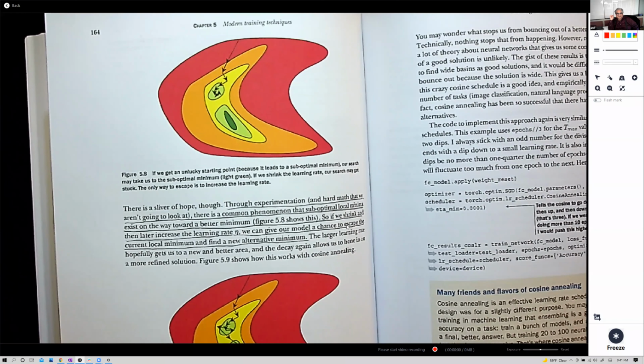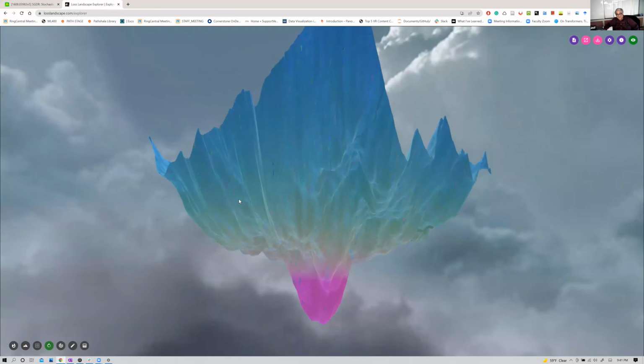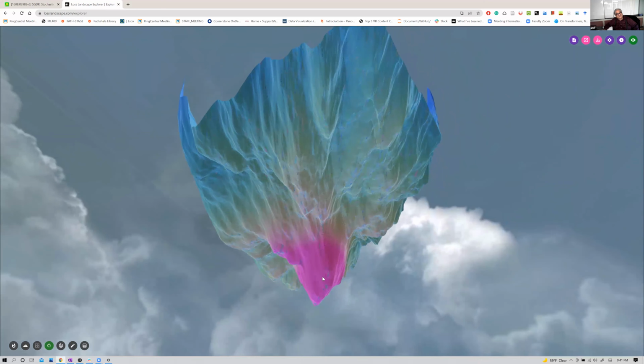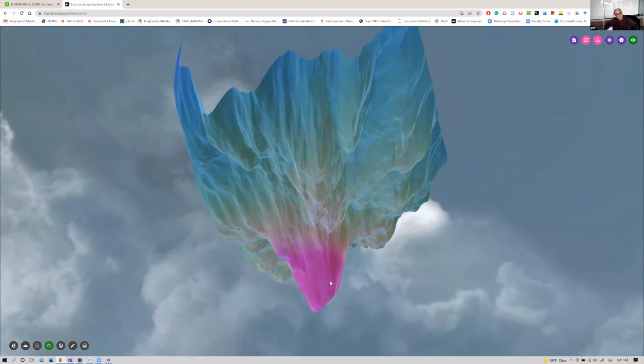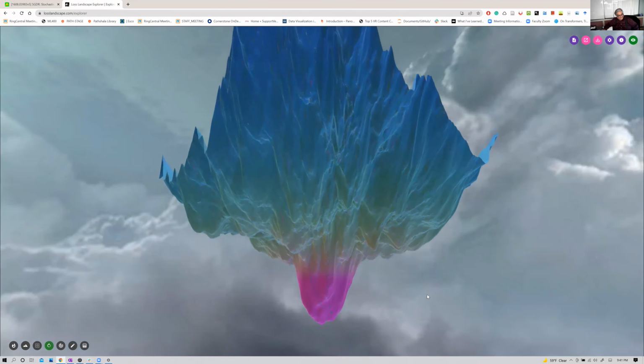So through experimentation and hard math, we aren't going to look at, there is a common phenomenon that suboptimal local minima exist on the way towards the better minima. We saw that in the visualization, guys. On the way to the better minima, you come across a lot of suboptimal minimas, right? So that is the point visually that you can see here so clearly.